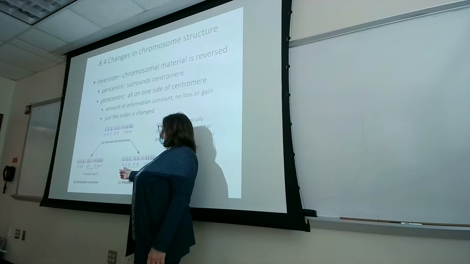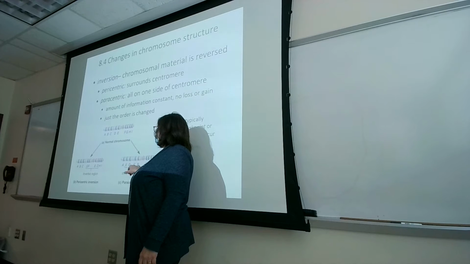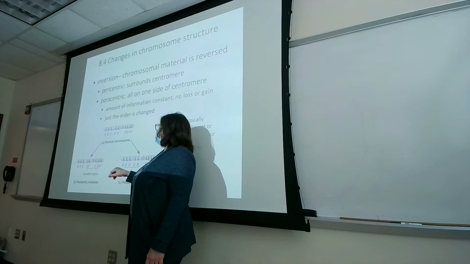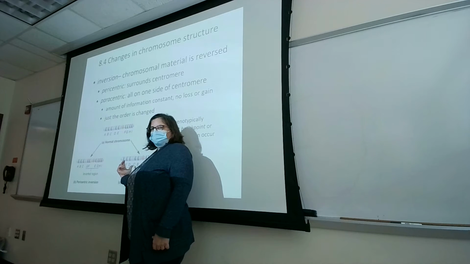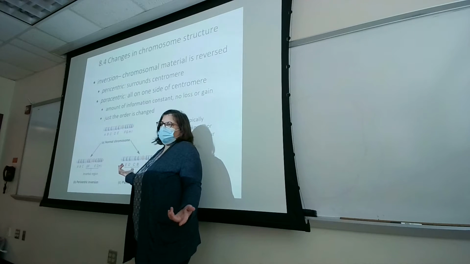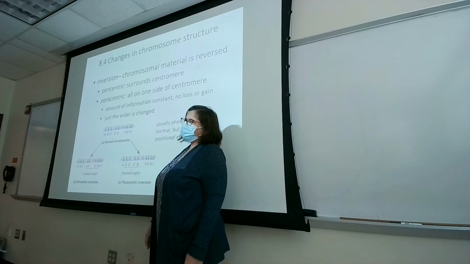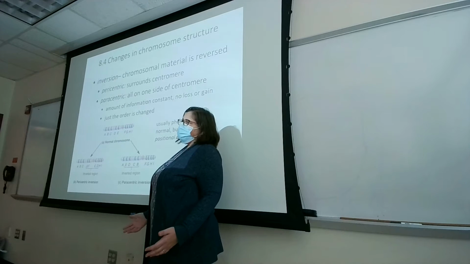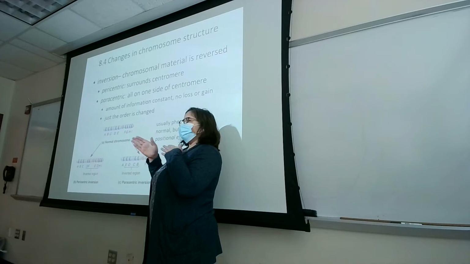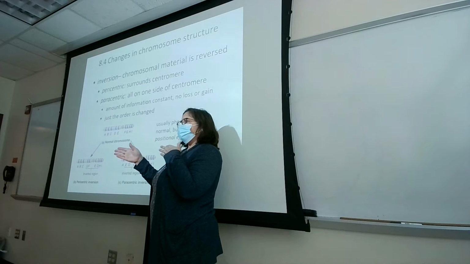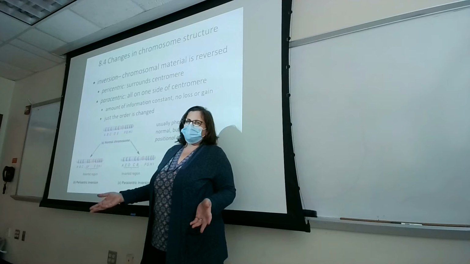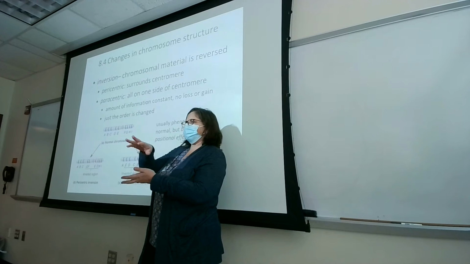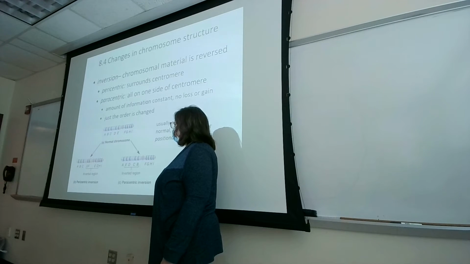We've inverted between A and B and between the centromere and gene E. What that does is flip those genes around. They're just going the opposite direction. If you remember, the direction of the gene has to do with whether it is on the top strand or the bottom strand. So now you just put it on a different strand. You just flipped it upside down.